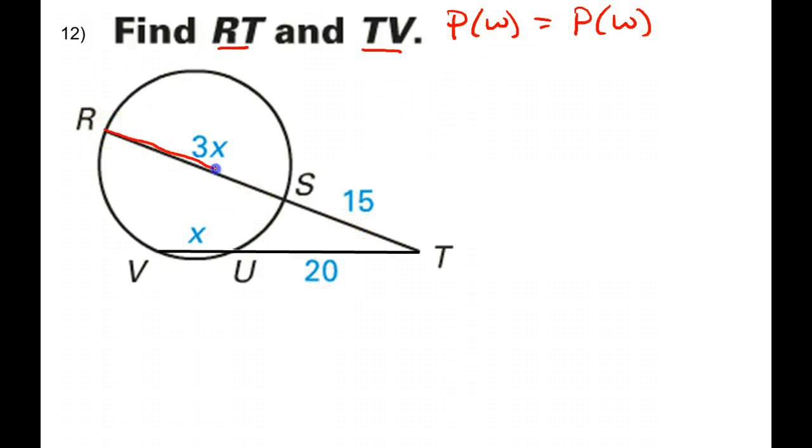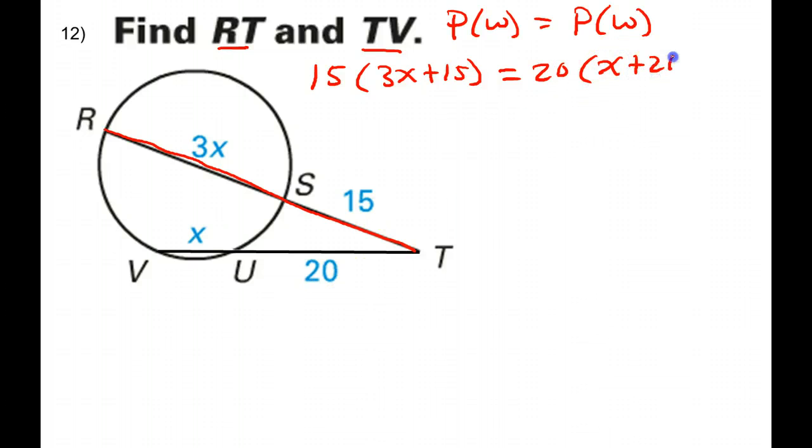So doing this secant segment first, part times whole would look like this: 15 times 3x plus 15. That would be the whole thing. Part times whole down here would be 20, that's the outer part, times x plus 20, because that would be the whole thing.